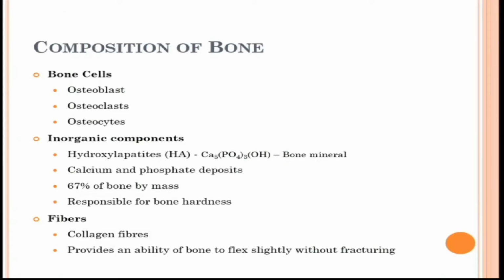So the bone cells, there are three types. The osteoblast, like the name suggests, osteo means the bone, blast means something which is bombarding the material. So osteoblasts are those bone cells which are responsible to produce the bone material. They basically produce two different types of proteins, collagen proteins and peptide proteins.